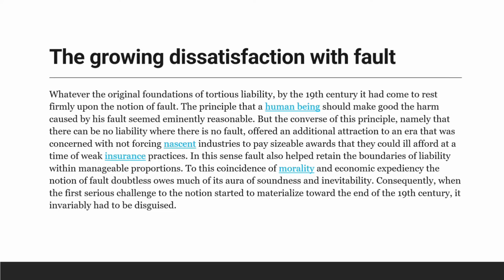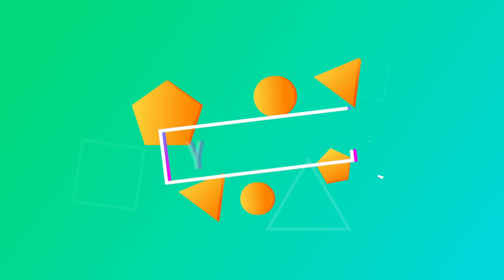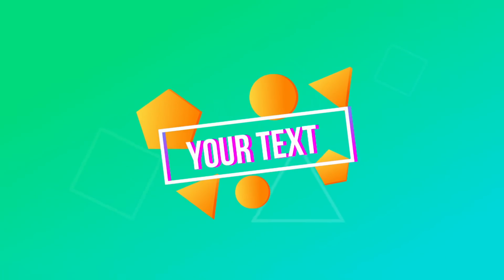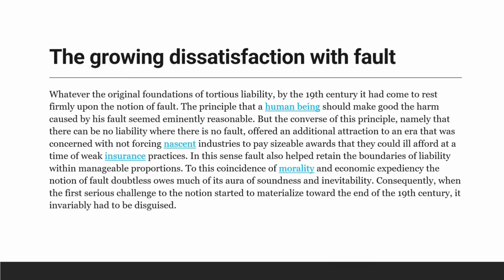But the converse of this principle, namely that there can be no liability where there is no fault, offered an additional attraction to an era that was concerned with not forcing nascent industries to pay sizable awards that they could ill afford, at a time of weak insurance practices. In this sense, fault also helped retain the boundaries of liability within manageable proportions.